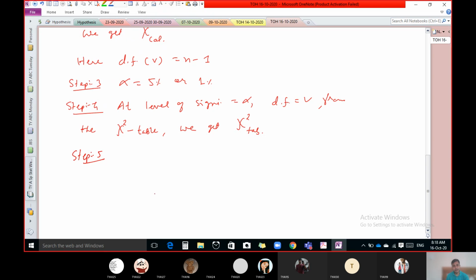decision. Listen carefully. Chi-square is always positive skewed. Chi-square is a positive skewed. So it's not like a normal. It's like a Poisson distribution.